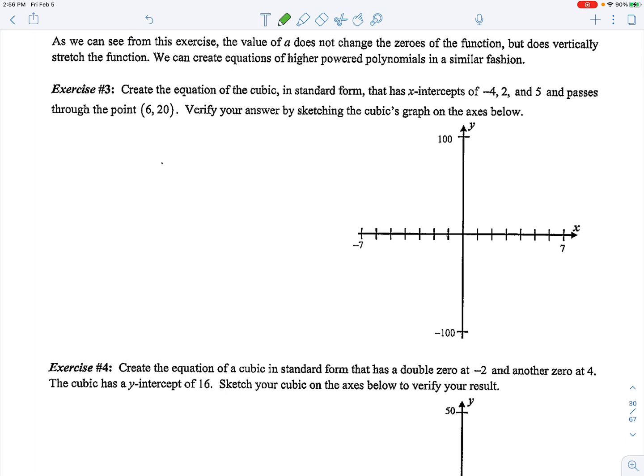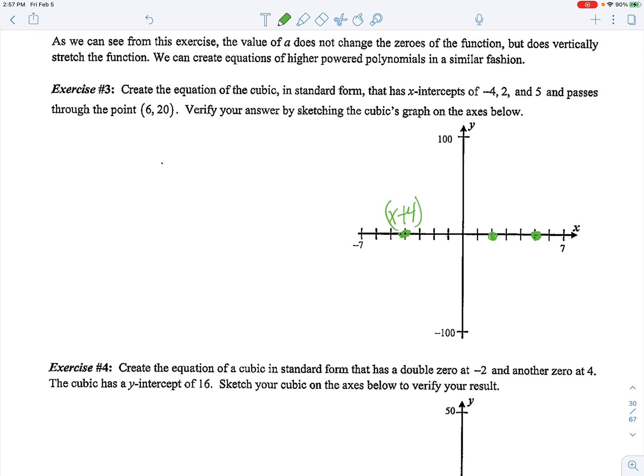All right, let's do this one. Exercise 3, page 29. So now a cubic. Create the equation of a cubic in standard form that has x-intercepts of negative 4, 2, and 5.